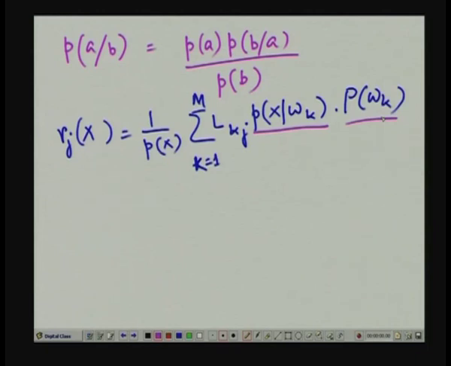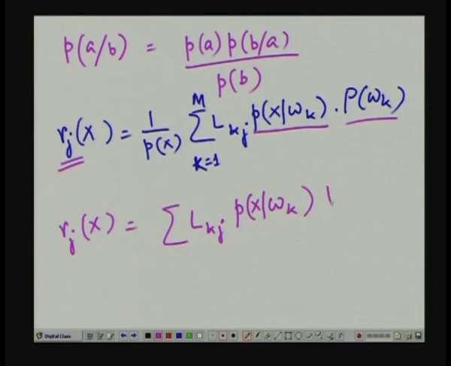Because this p(x) is common to all these loss functions R_j(x), it can be removed from this expression. So once I remove p(x), R_j(x) becomes the summation of L_kj into p(x | omega k) into p(omega k), where k is equal to 1 to capital M.